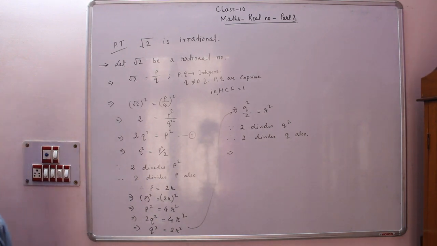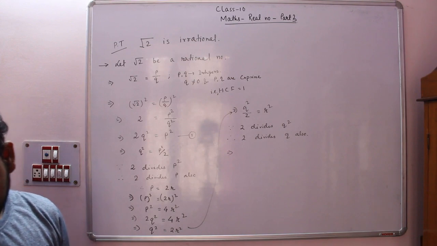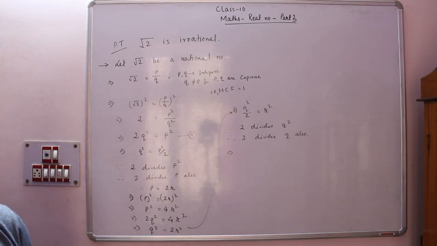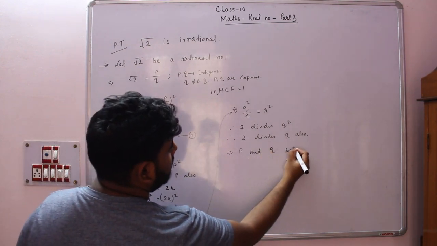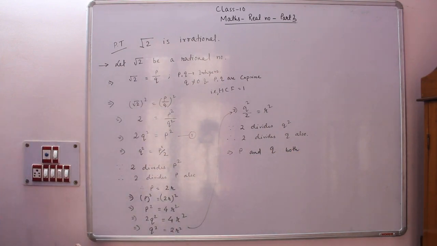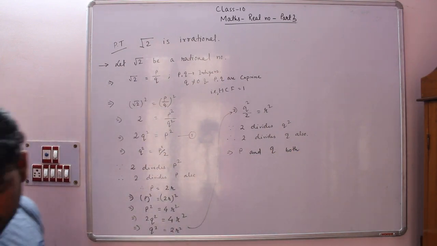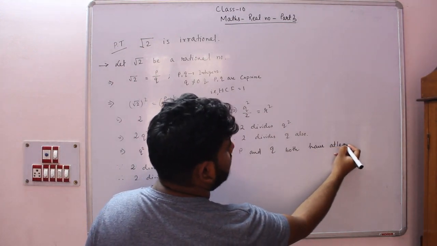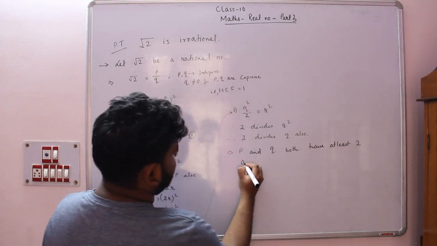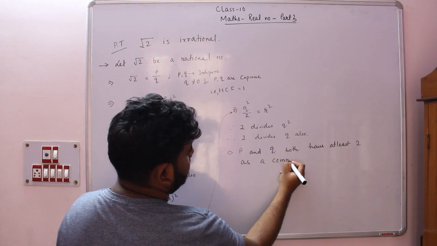So what we can say is that p and q both have at least 2 as a common factor.